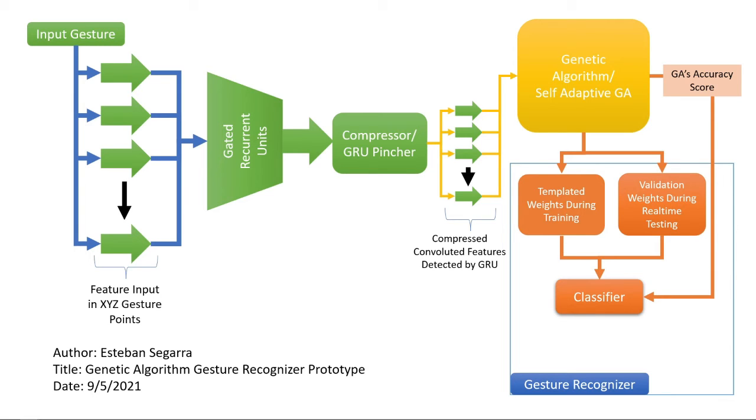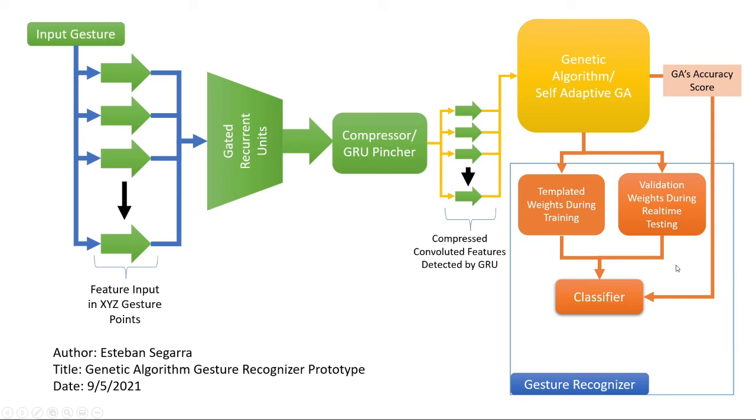If you run the genetic algorithm on the data long enough, you're going to have weights associated with the features that are inputted from the compressed features. So we take a snapshot of the weights that represent one gesture, and then we get another snapshot when we are actually validating for a gesture.